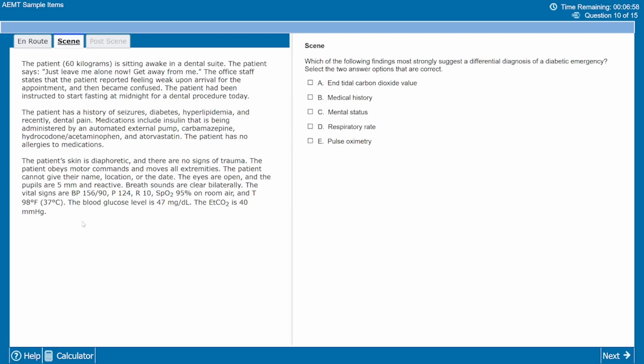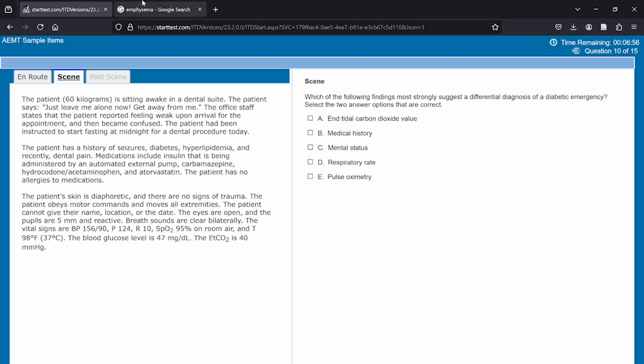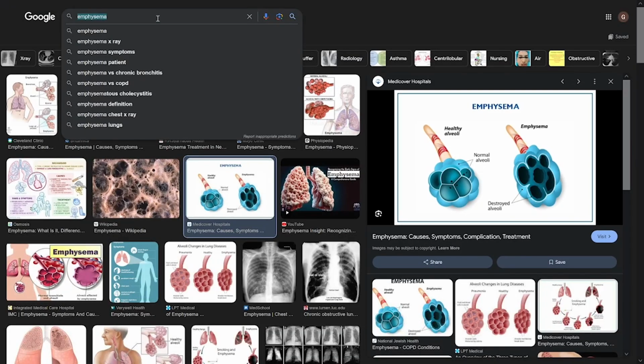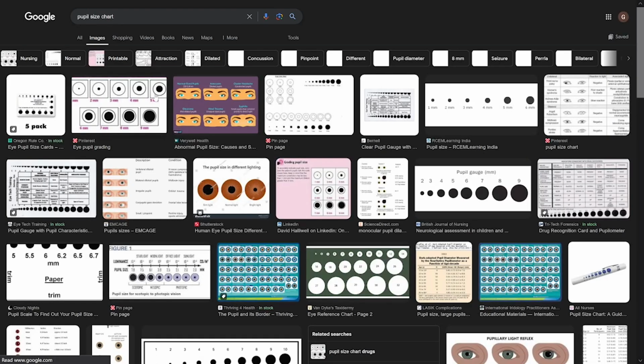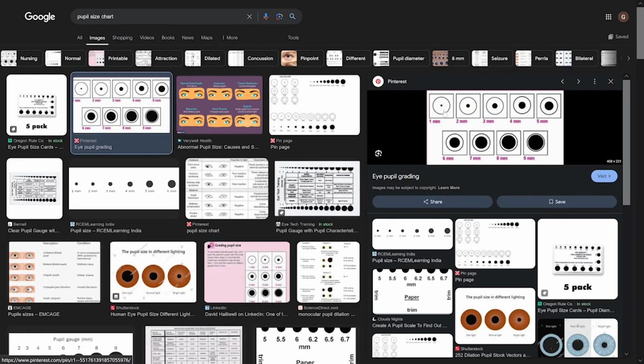That generally means it's within the normal range. And in fact, let's just Google it really quick, right? So pupil sizes. So we can see here that it goes from 1 to 9 millimeters. 5, generally I would say 4, 5. Oh, okay, that's annoying. Is within the normal range.